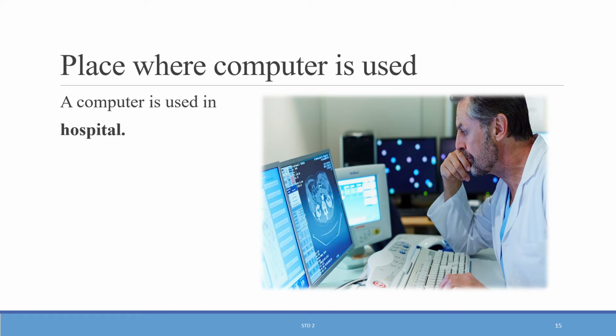And one more example I give, the body X-ray. I think you are not understanding, but I am saying that the X-ray of the body part can also be printed on a black paper using the computer. So this is the second place where computer is used, in hospital.